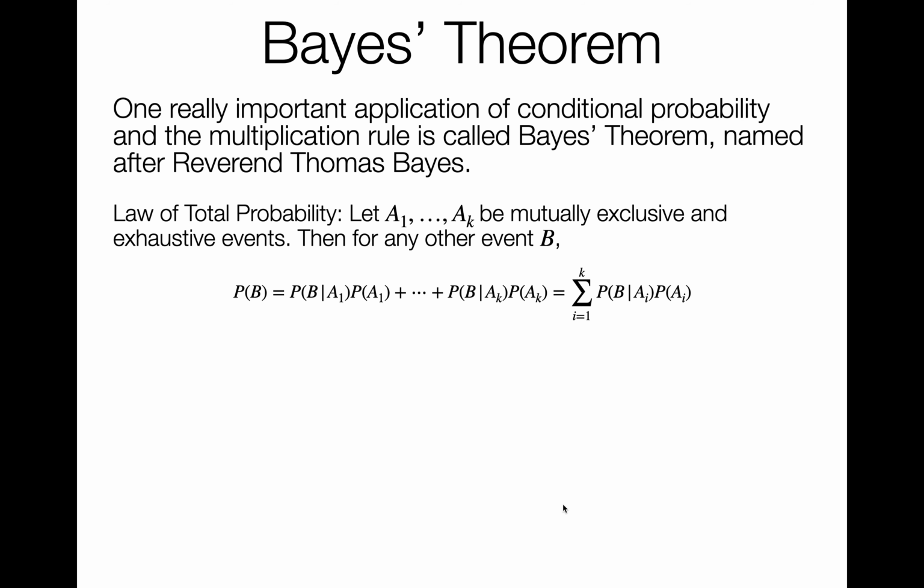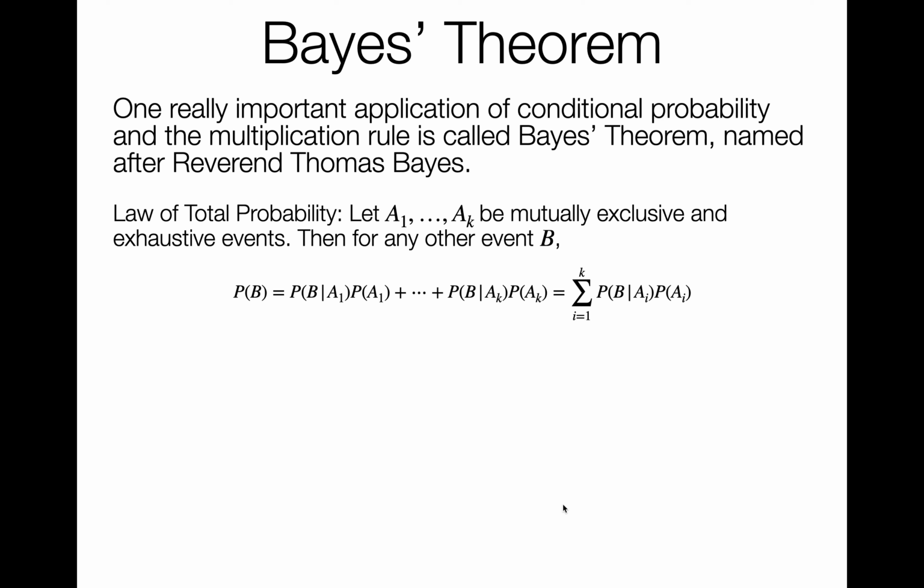Then for any other event B, the probability that B happens is this sum. It's a sum from 1 to K, which means it's summing over all the A's. It's the probability of B given A times the probability of A. That's the general multiplication rule that we saw at the end of the last video, B given A times the probability of A. Now that I'm thinking about it, those might have been switched around in the last video.